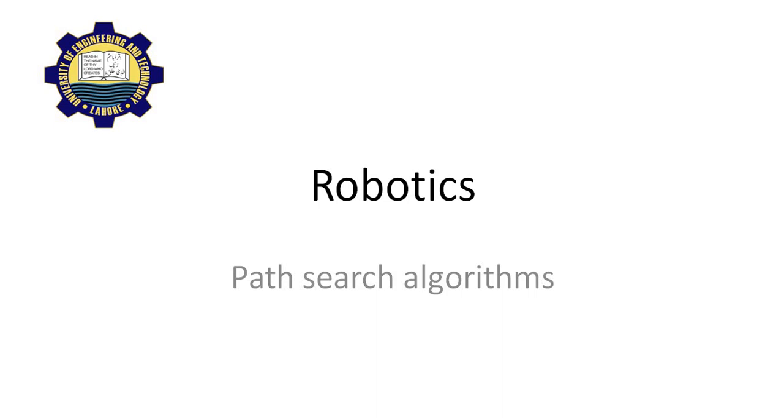Just to refresh what we discussed: we wanted our robot to autonomously move from one place to another, or you can say we want autonomous navigation. We also learned that path planning is one of the most important capabilities of a robot that helps the robot to navigate in the environment.